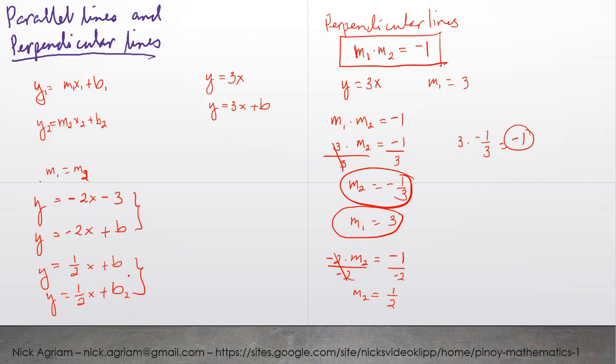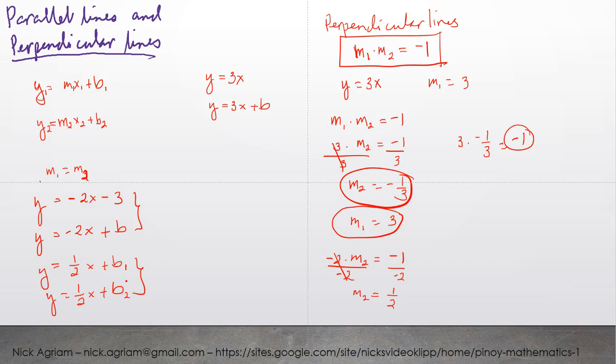I will say b1 and b2. Why? When they are exactly the same, then we have the same two lines that lie on top of each other. That's why I have written here b1 is not equal to b2.